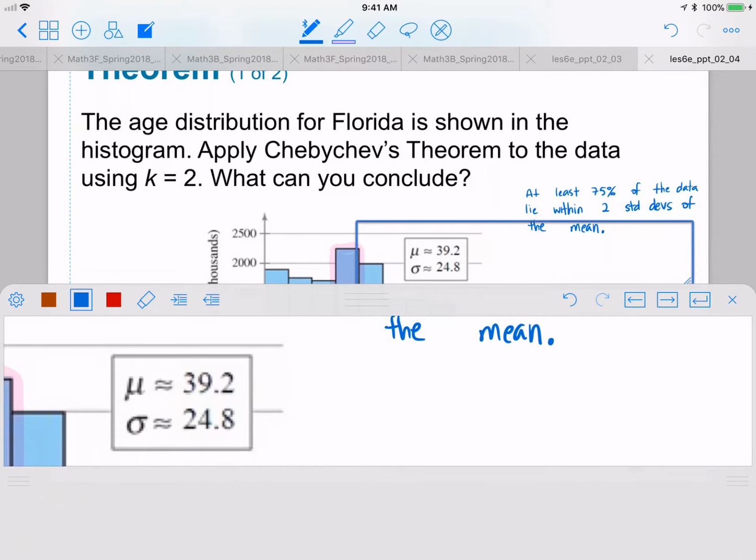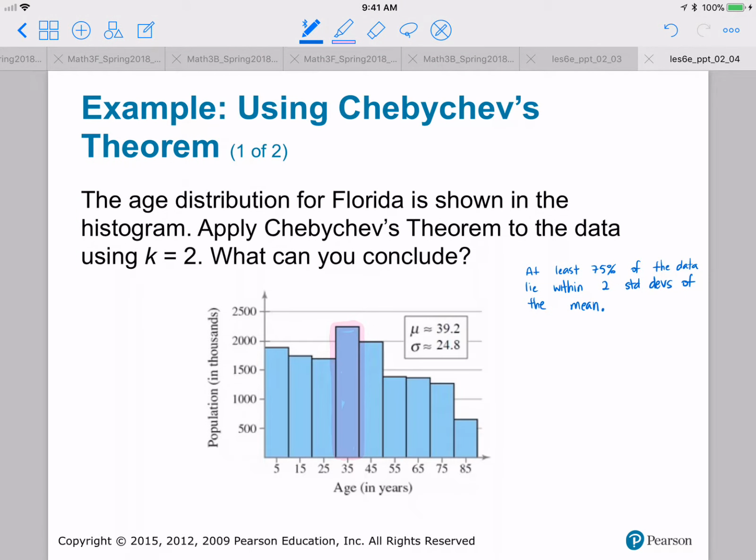Okay, so first of all, I'm just going to locate the mean on the graph. This is computed for us here. The mean is 39.2, which looks like it's about here. So to lie within 2 standard deviations of the mean, we're looking at mu plus 2 sigma and mu minus 2 sigma.